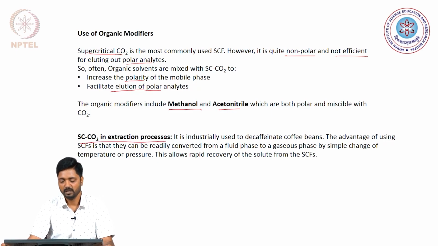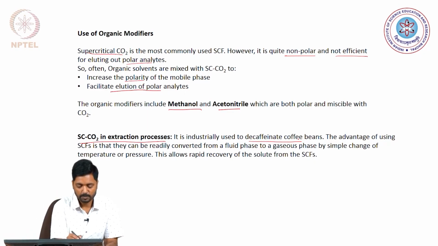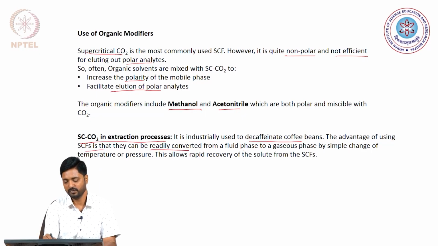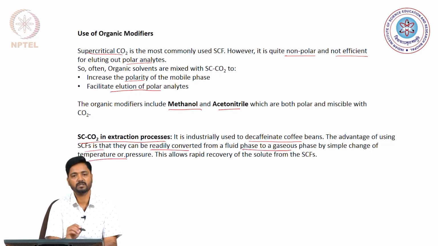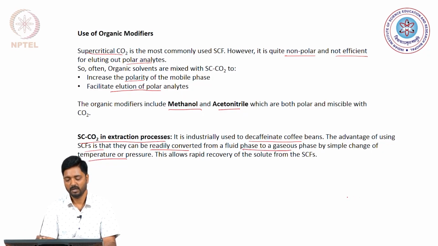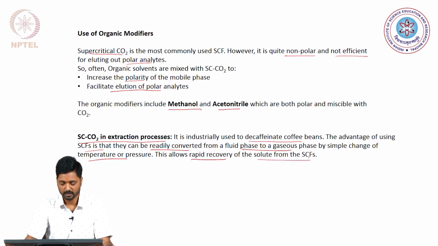For example, it is used to decaffeinate coffee beans, and one clear advantage with regards to using these supercritical fluids is that we do not generate waste organic solvent, because the supercritical fluids can be readily converted from the fluid phase to gaseous phase by change of temperature or pressure, and this is advantageous in terms of allowing rapid recovery of the solutes from the supercritical fluids.